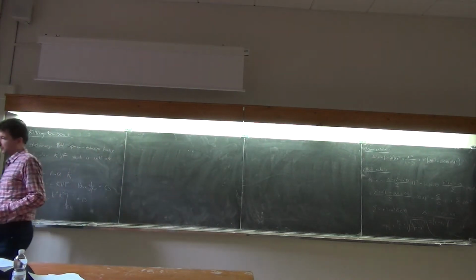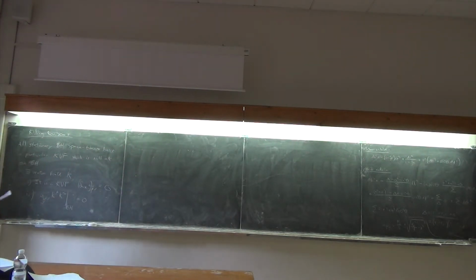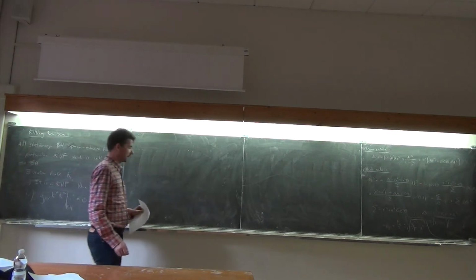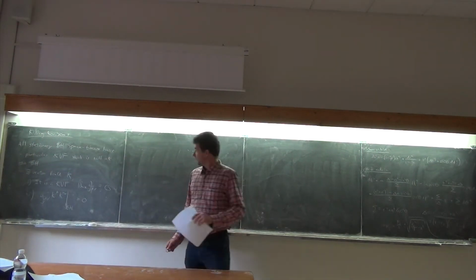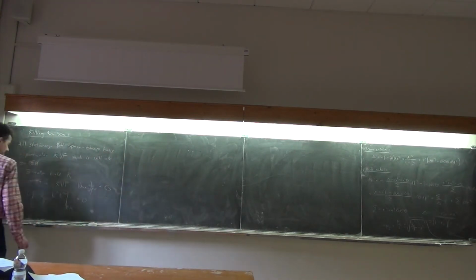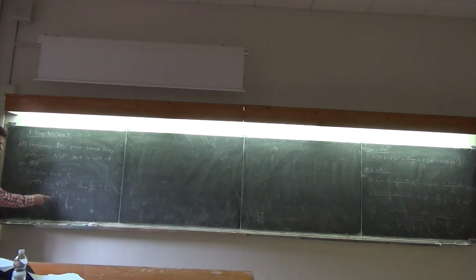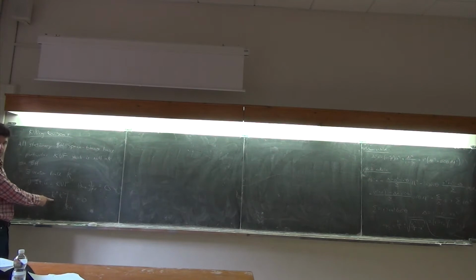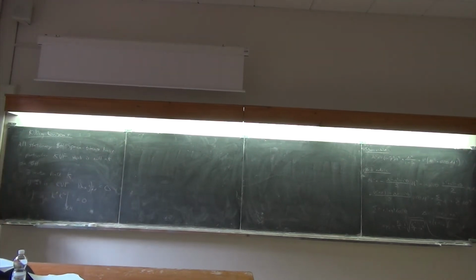And then you introduce something called killing horizons. So basically, a killing horizon is defined as a null hypersurface somewhere in your spacetime for which you have a killing vector field that is null everywhere on this null hypersurface.